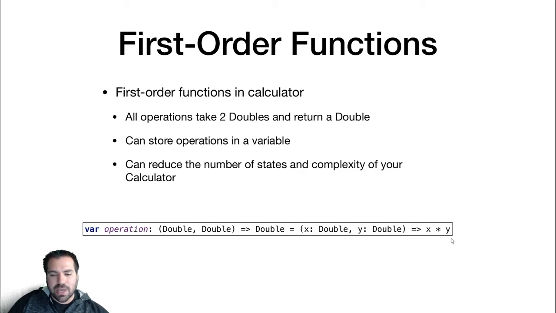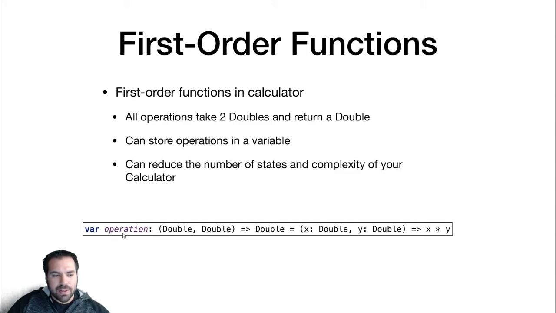Each time those operators are hit, as long as you're in a state where the operator buttons matter, just have it override this value of type (Double, Double) to Double with whatever operation you want to store at that time. Then when it's time to call an operation, you take this operation variable, and I haven't shown an example of it yet, we will get there, and call it with the left-hand side and right-hand side that you've currently built.